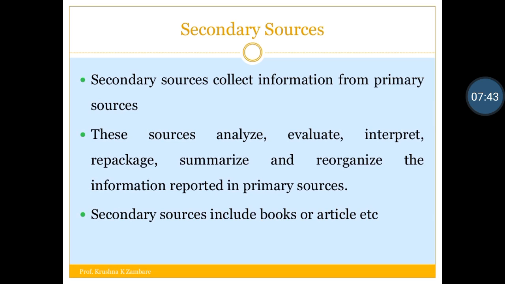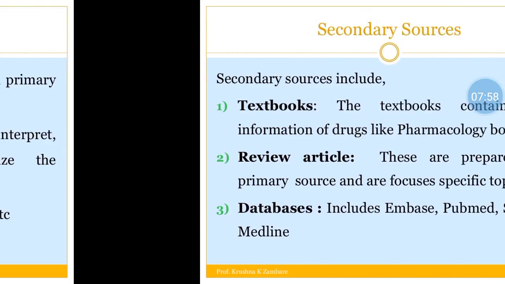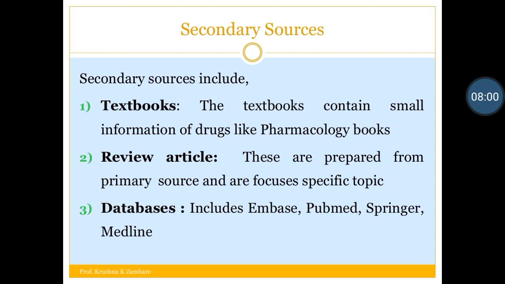Then secondary sources include books or articles. So secondary sources may be different types of books, like pharmacology books and pharmaceutical sciences books. These sources also include textbooks. Different types of books are there, subject books.